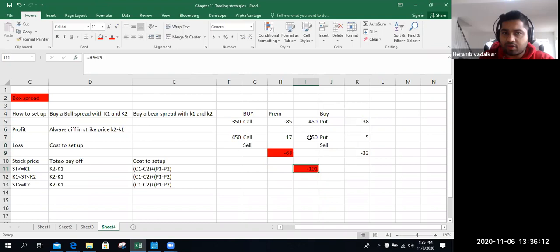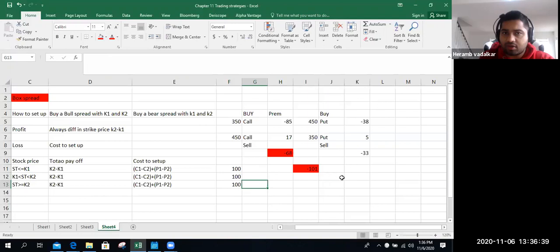The profit from this strategy, irrespective of whether the stock goes up, goes down, or remains the same, is going to be the difference between the strike prices, 450 minus 350. So you'll get 100 bucks, whether the stock stays the same, goes up, or goes down.